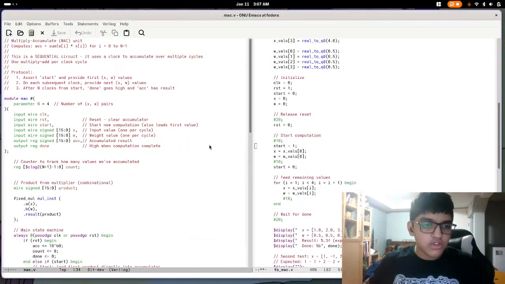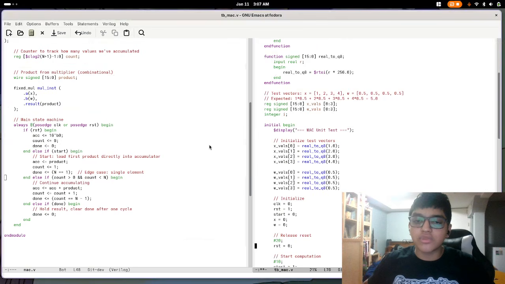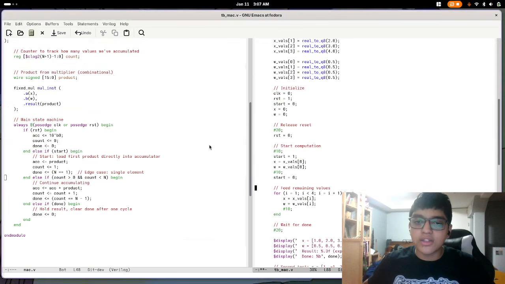And what it's supposed to do is all of this stuff. So then it also sets x equal to the first element, 1, and w equal to the first value of w.